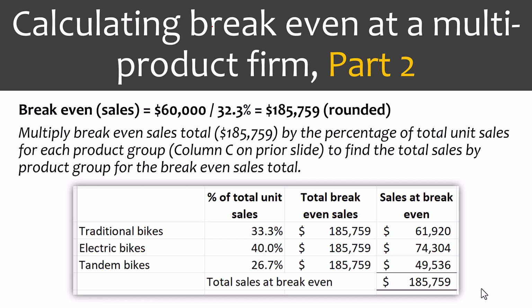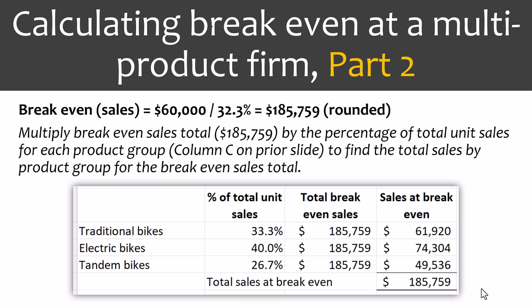Then we can take that total break-even sales that we just calculated and multiply that by each of the weights for each of our product groups. So for example, for traditional bikes, we're going to take the 33.3% weight that we had calculated earlier times the total break-even sales and get $61,920 of break-even sales for traditional bikes.